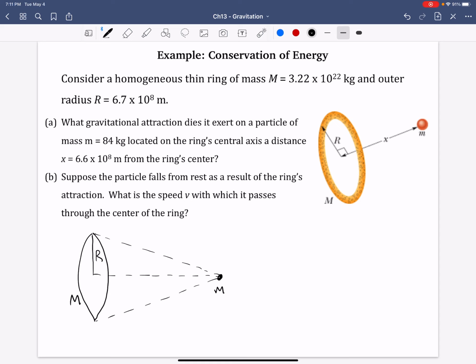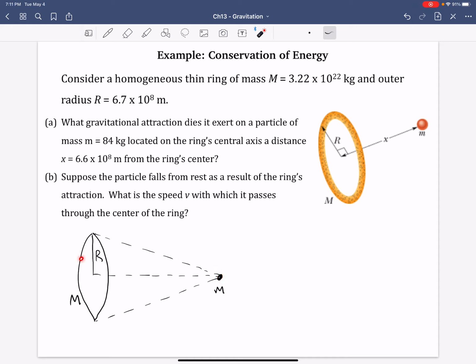And by center to center, I mean you can think of this ring, which is really a giant ring of continuous mass. Think of breaking up that ring into tiny chunks of mass dm. Every atom, every chunk in this ring has a gravitational force on that particle over there.